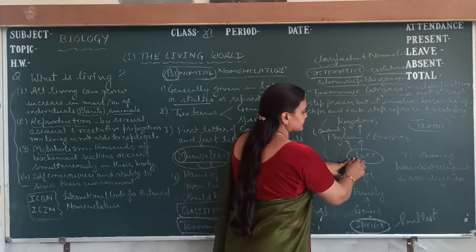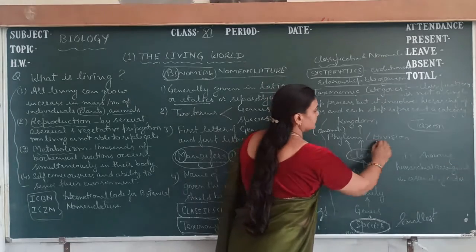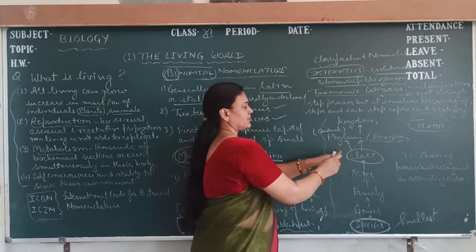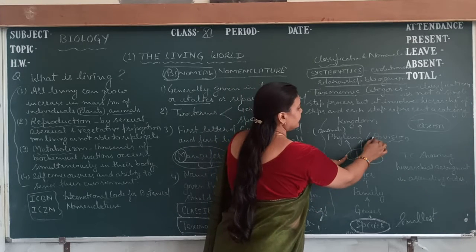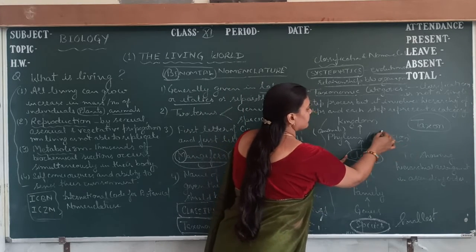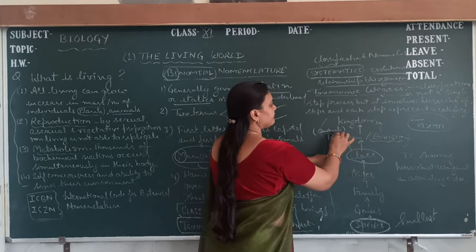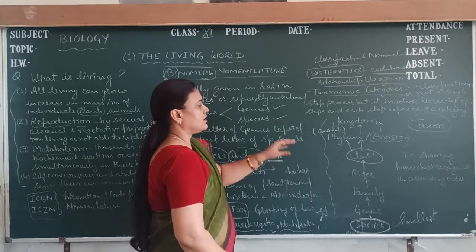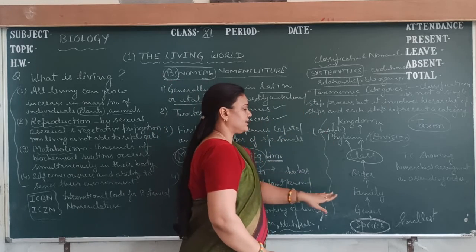And many classes are combined to form a division in plants, like Thallophyta, Pteridophyta, and many divisions are combined to form the plant kingdom, and many phyla combine to form the animal kingdom. Clear? So this is the taxonomic hierarchical arrangement in ascending order.